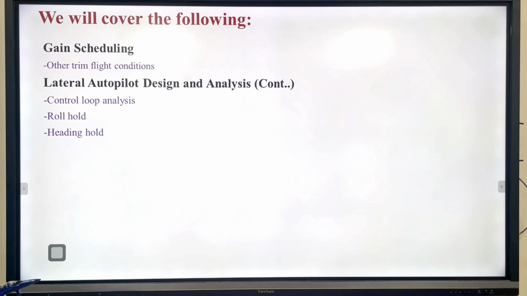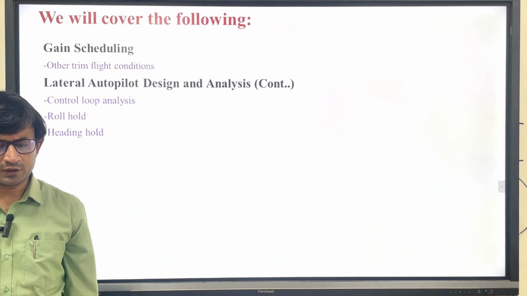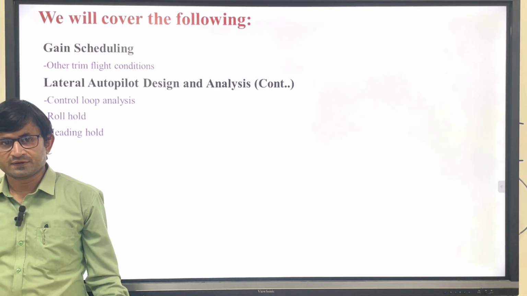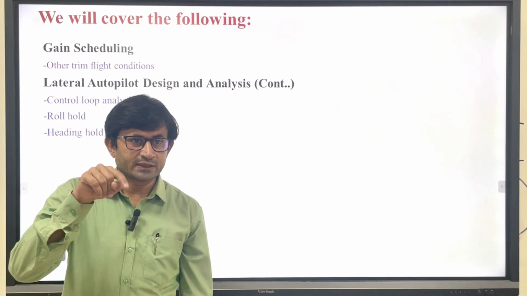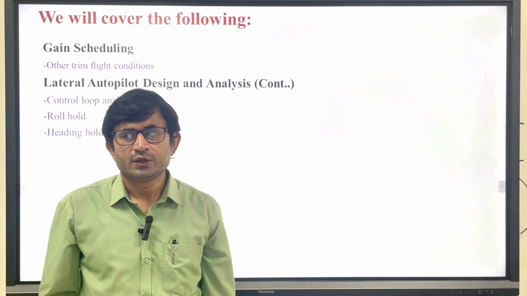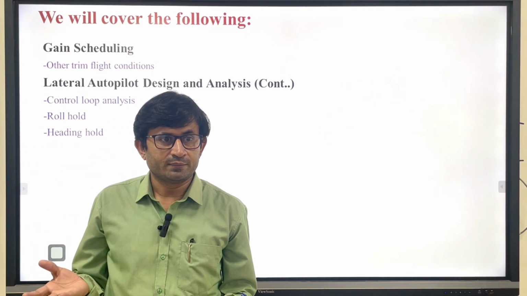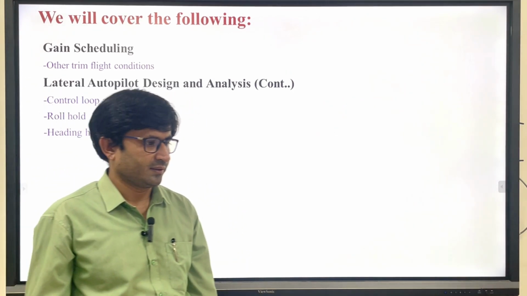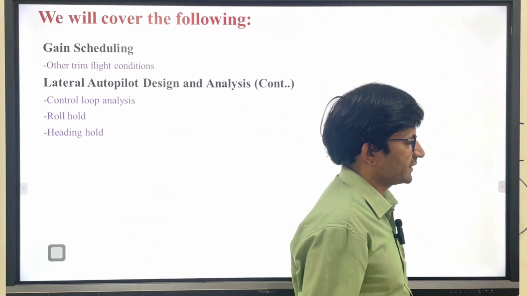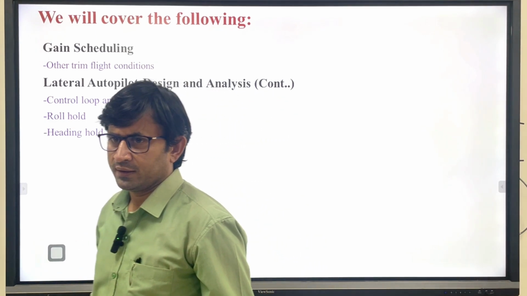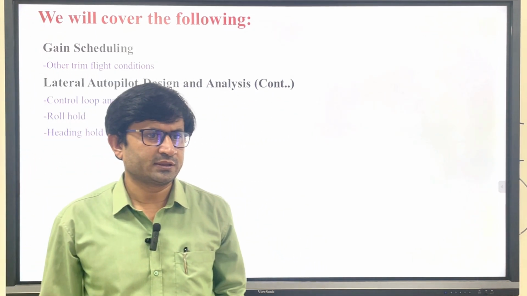We will cover the following. We have talked about gain scheduling in the longitudinal case, where we saw that first you design the controller on one center trim point, and for the remaining trim points you can schedule the gain based on the dynamic pressure, or speed squared. We also discussed that if the plant is very stable, then only one gain is required, and a single gain will work.